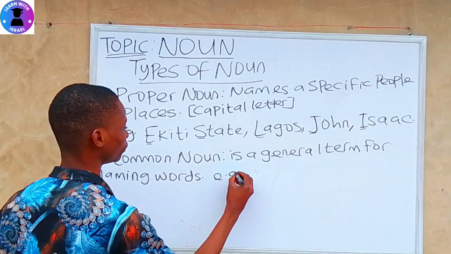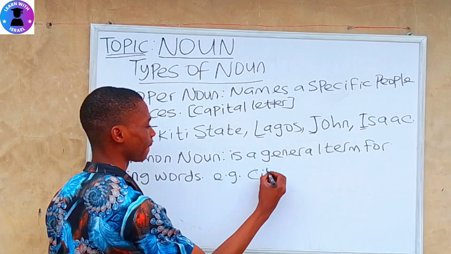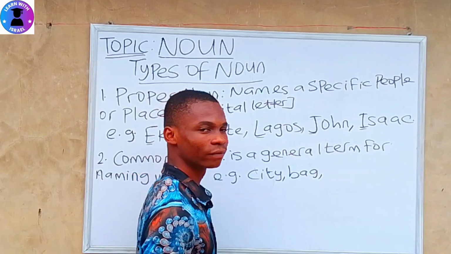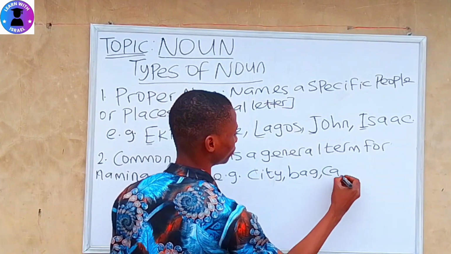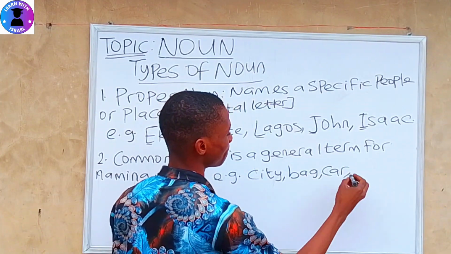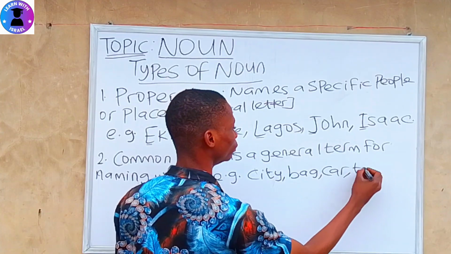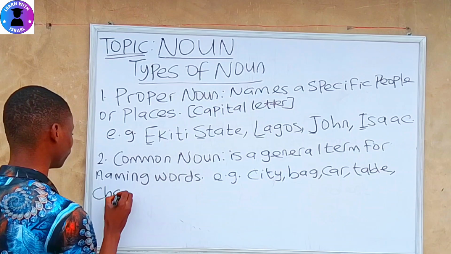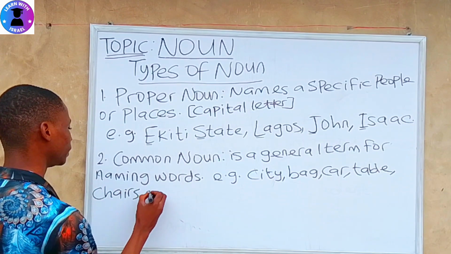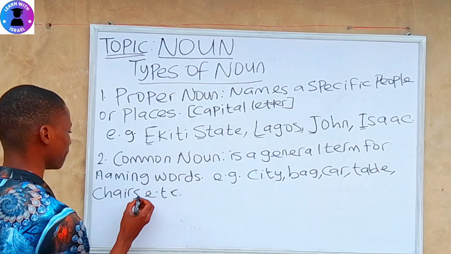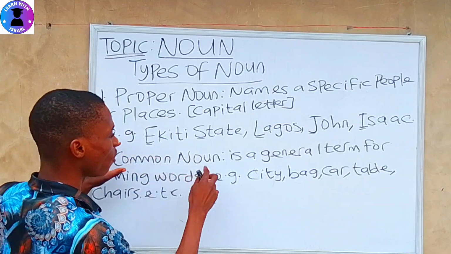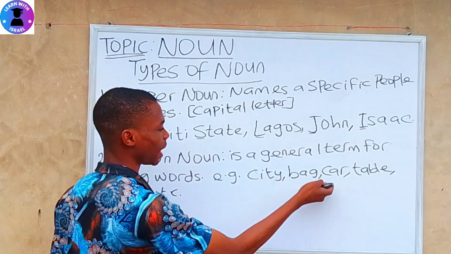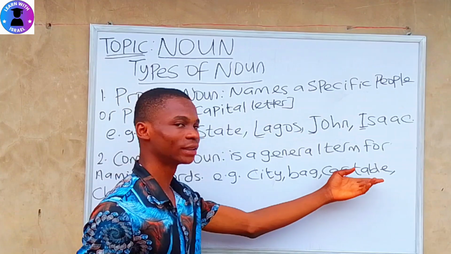For example, city, we have bag, we have car, we have table, we have chairs, etc. As you can see, these are not starting with capital letter.